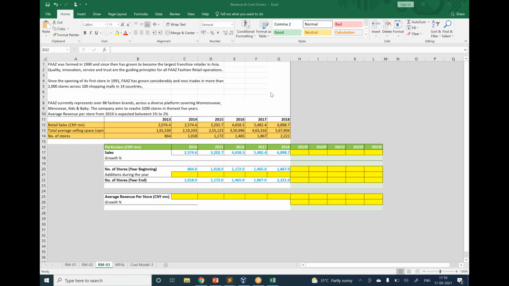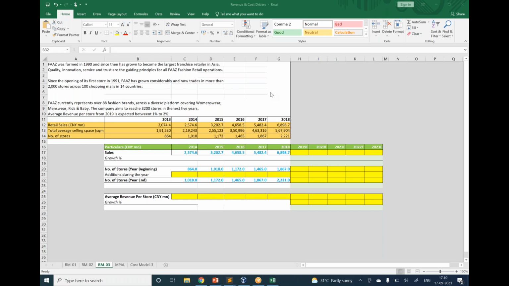But which store? Are you going to take the 864 stores, which existed at the beginning of the year, or are you going to take the 1,018 stores they had by the end of the year? Which store count will you divide by? Okay, you're saying year end. But maybe some people will say, why not beginning?